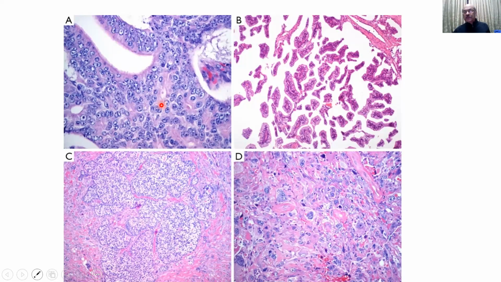Their cytoplasm is amphophilic, and nuclei are oblong with prominent nucleoli. Here, ductal adenocarcinoma with papillary pattern, with papillary architecture formation, and these two are actually sarcomatoid carcinoma.